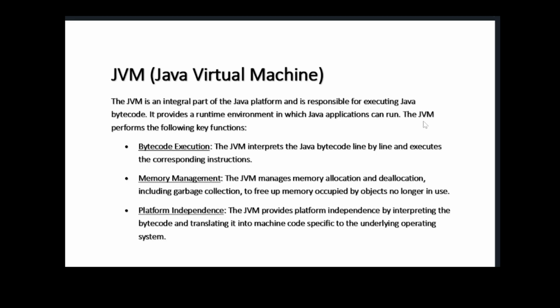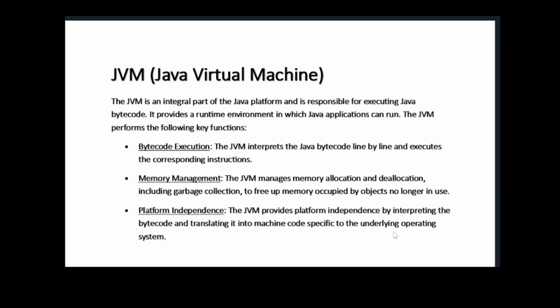So the JVM performs the following key functions. First is bytecode execution. The JVM interprets the Java bytecode, executing our code line by line. Second is memory management. The JVM manages memory allocation, including garbage collection to free up memory.